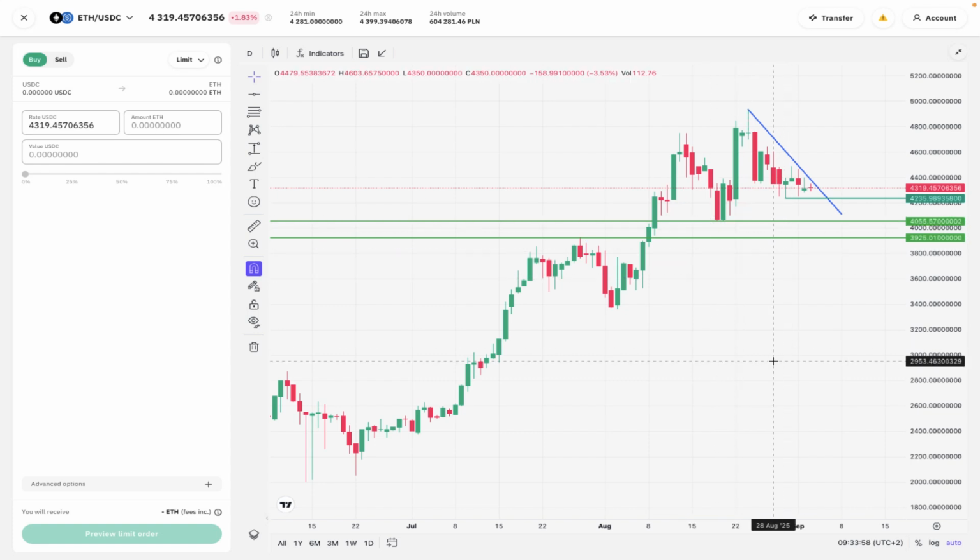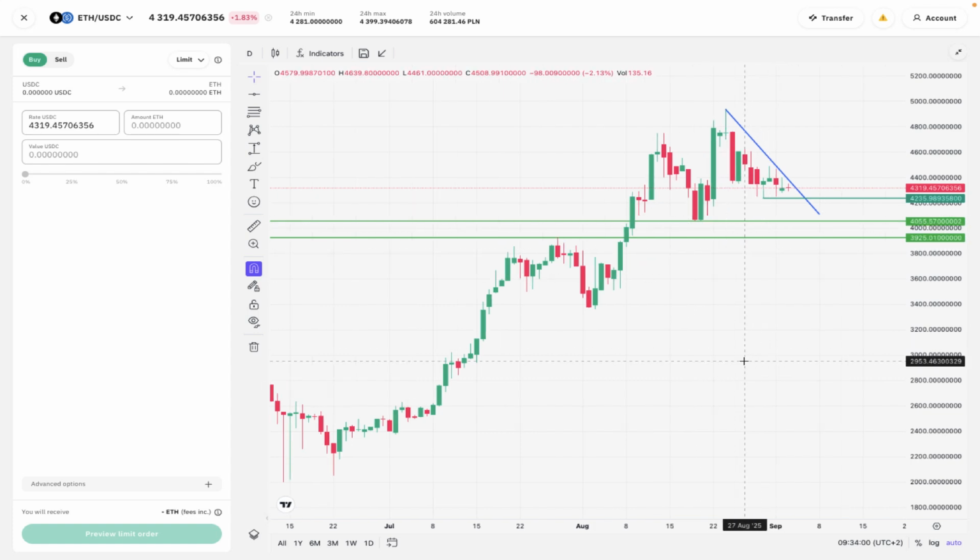So we got this nice demand zone. So we got this trend line, we got local technical support that has been hit at least 3 times, okay, and now the market is in a very specific place.